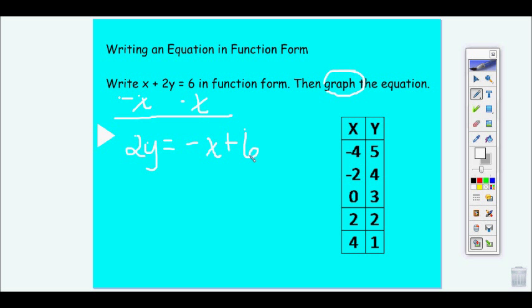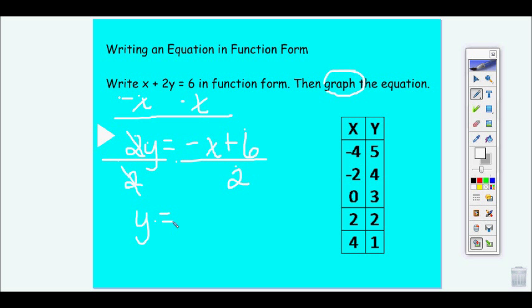So now again, I need to solve for a single y. This is what we've been doing with our algebra. So I'm going to divide both sides by 2. 2 over 2 equals 1. So I have y equals, now I have -x over 2.